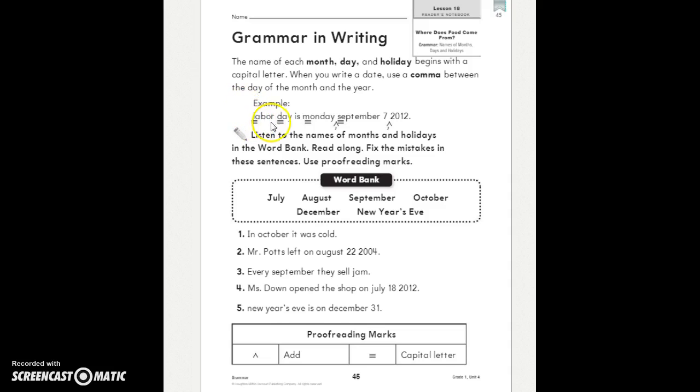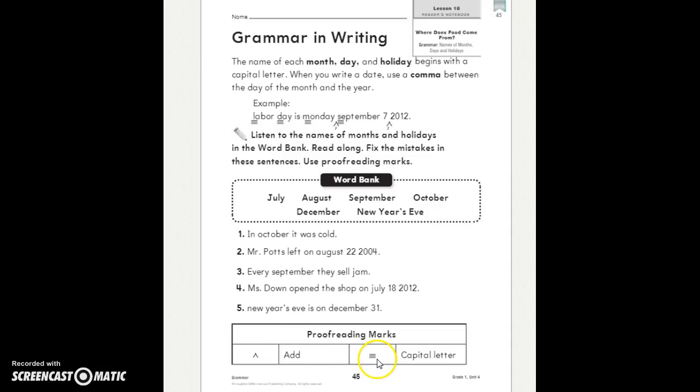Here's an example. Labor Day, that's a holiday. These triple lines down here, there's a chart that helps you to know what the marks stand for when you are proofreading and fixing mistakes. This caret means you need to add. It's missing, like let's say a comma or a punctuation mark.